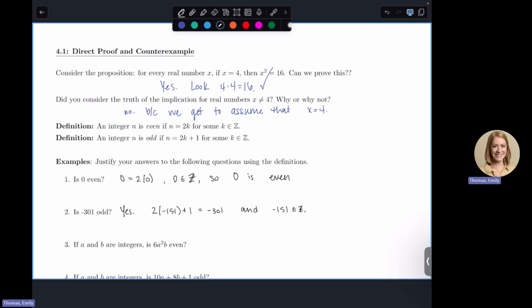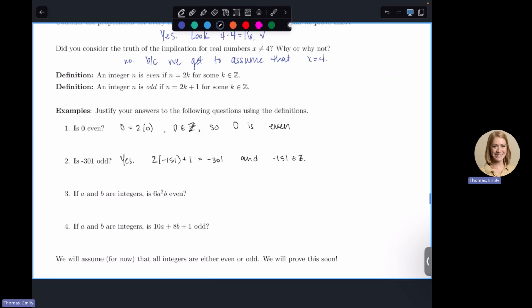If a and b are integers, is 6a squared times b even? Can you write that as 2 times an integer? 2 times 3 is 4.